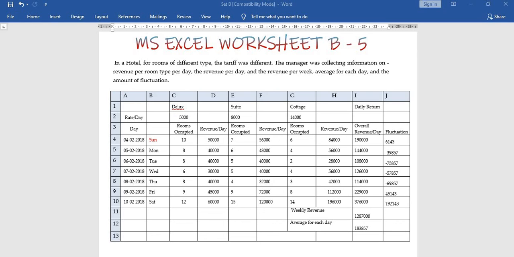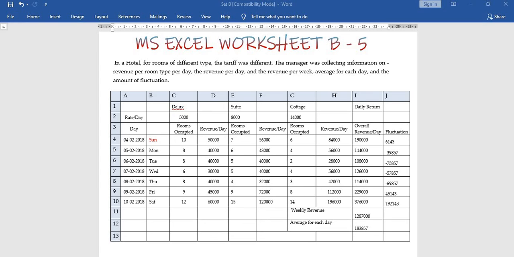So in a hotel, for rooms of different types, the tariff was different. The manager was collecting information on revenue per room type per day, the revenue per day, the revenue per week, the average for each day, and the amount of fluctuation.